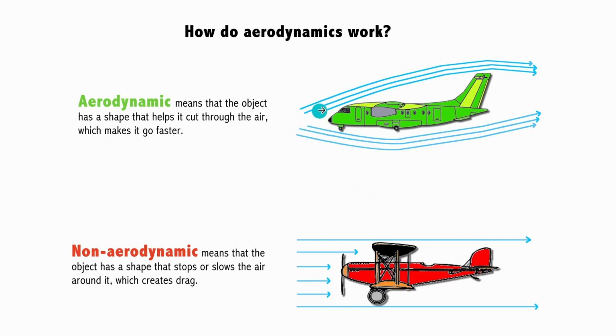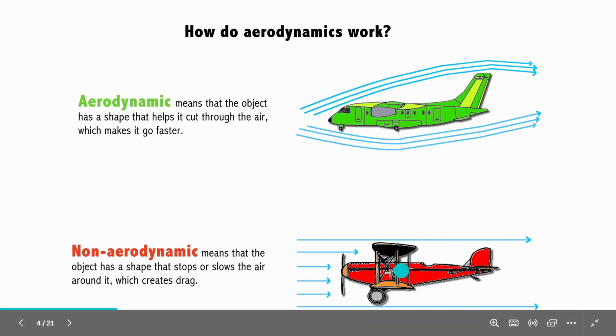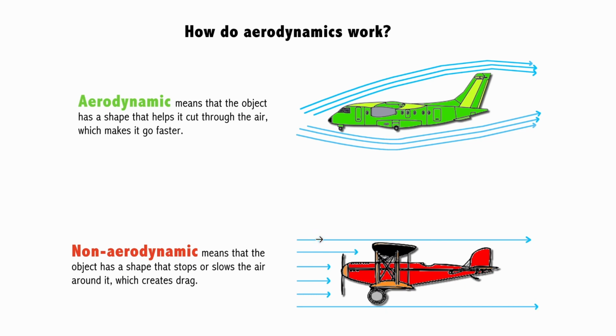So we can see that in the first picture, the shape of the aircraft is such that the air is blowing over it and not resisting the motion of the aircraft very much, therefore causing very little resistance to the motion of the aircraft. And in the second picture, we can see that the air is directly impacting or acting perpendicular to the body of the aircraft, and in such a case, the air resistance or the drag force, which we'll define more formally later on, is greater as compared to the aircraft in green. So such a shape which offers less resistance to air is called an aerodynamic shape.